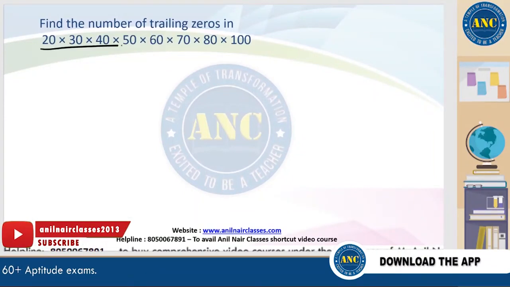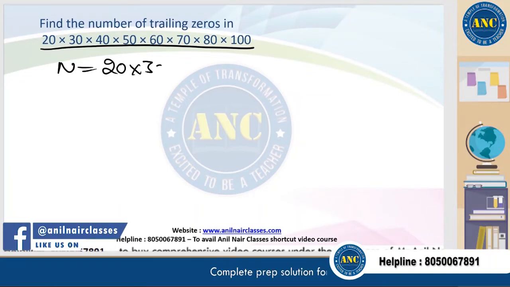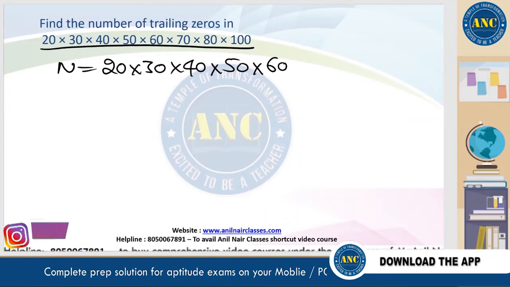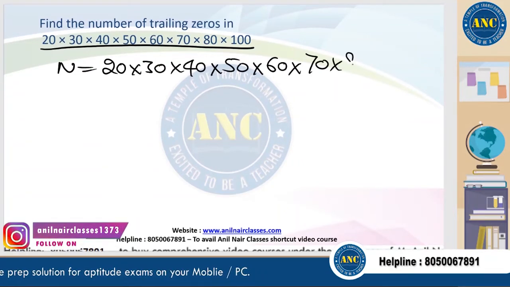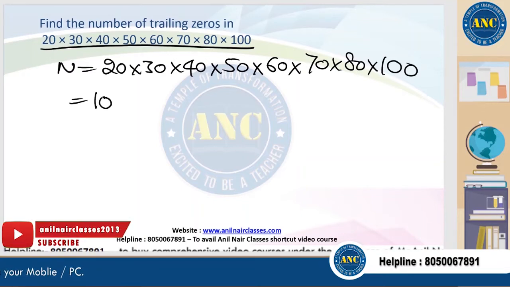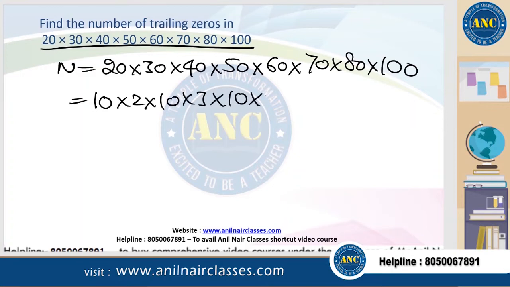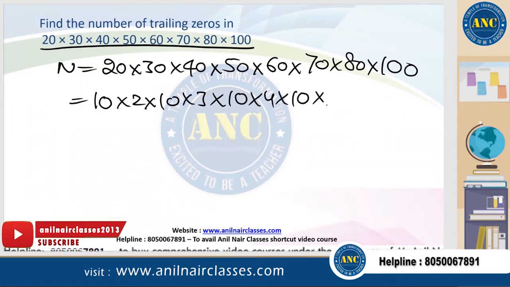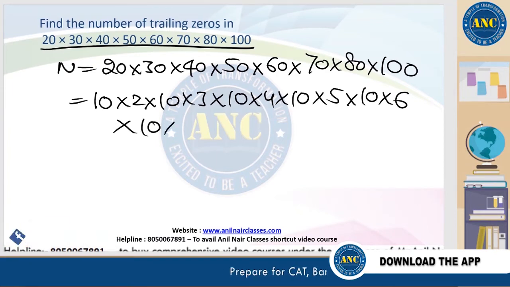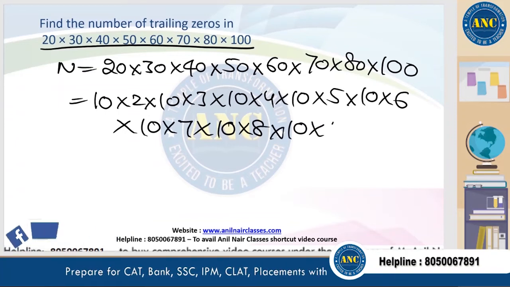Find the number of trailing zeros in 20 into 30 into 40 into 50 into 60 into 70 into 80 into 100. If I take 10 into 2, 10 into 3, 10 into 4, 10 into 5, 10 into 6, 10 into 7, 10 into 8, 10 into 10.